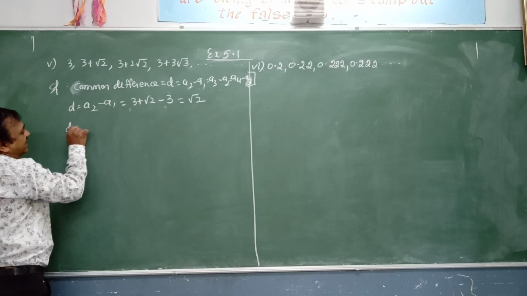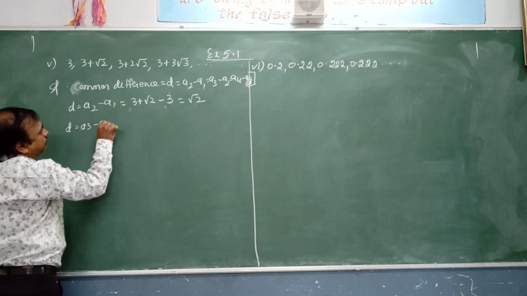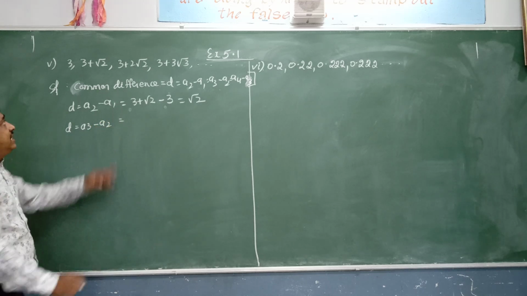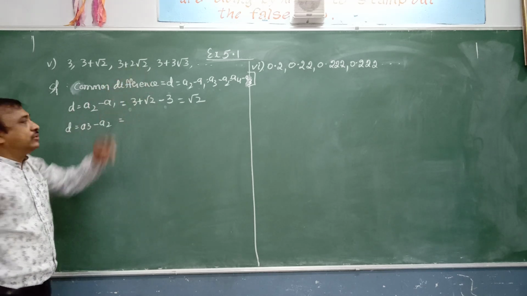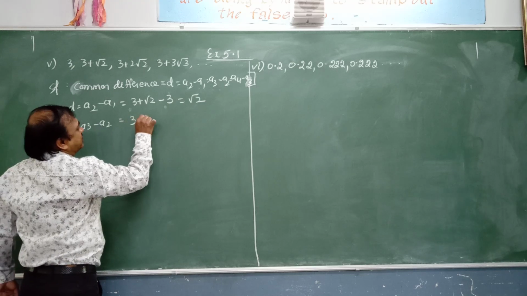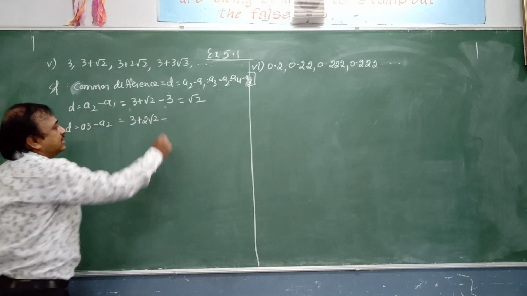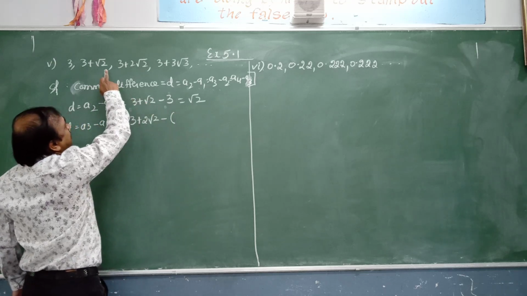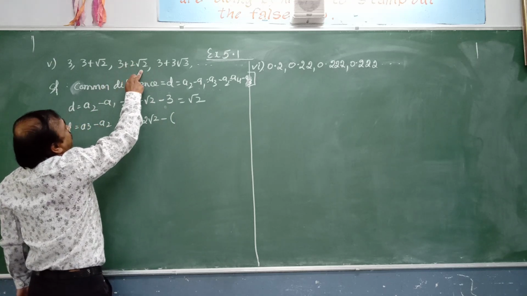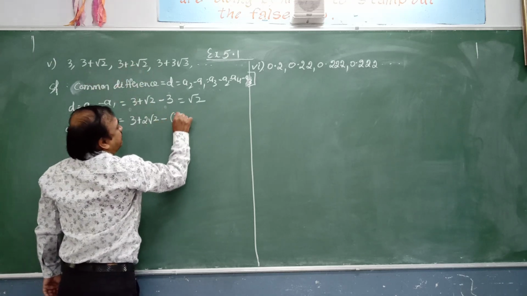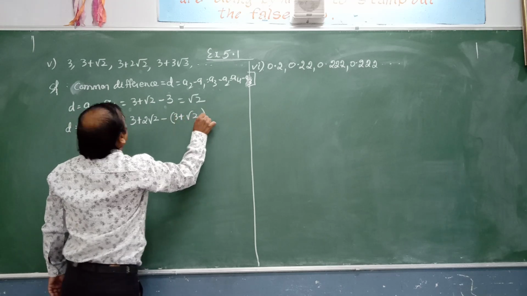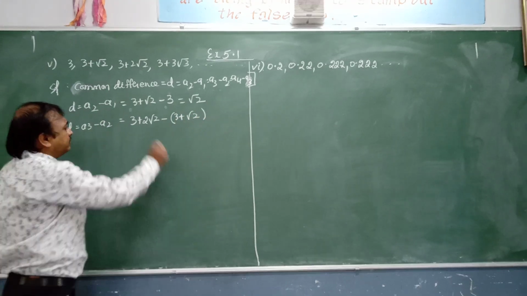Next, again, a3 minus a2. What is a3? 3 plus 2 root 2. So 3 plus 2 root 2 minus of 3 plus root 2.